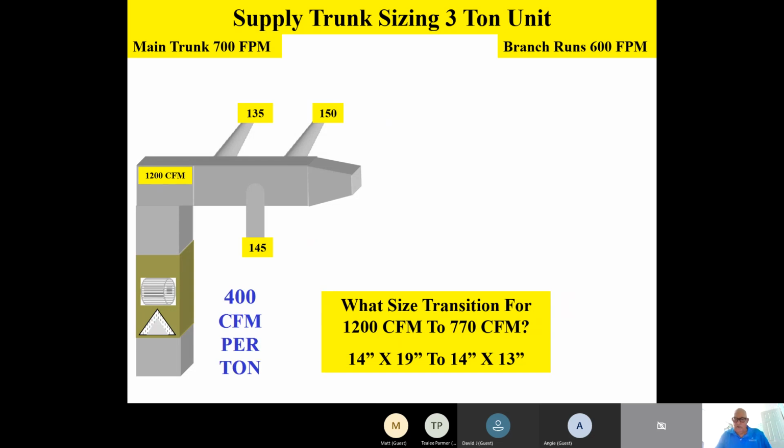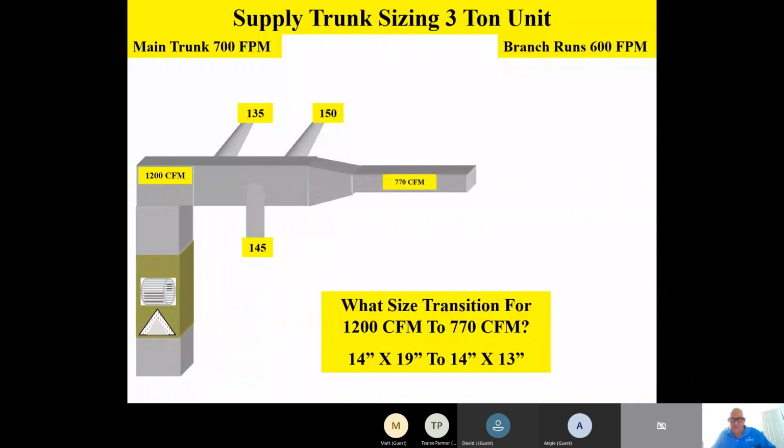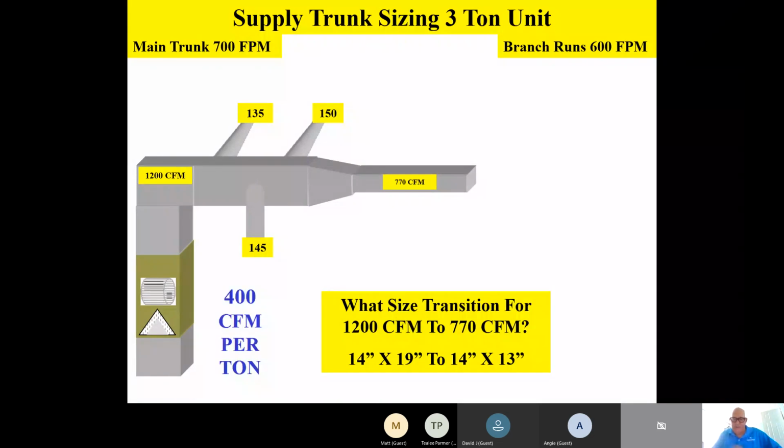All right, so our next main trunk section, to carry that 770 CFM down the next main trunk section, will require a 14 by 13 duct. So we've transitioned from 14 by 19 down to 14 by 13. And by the way, team, that's why we put a transition in the main trunk.